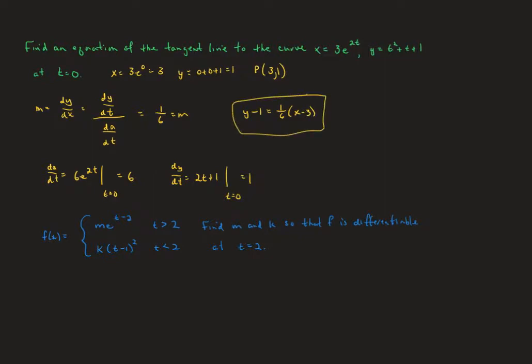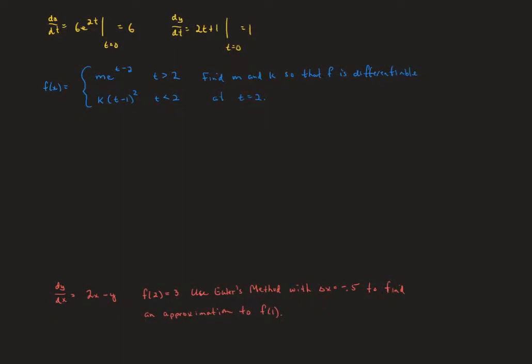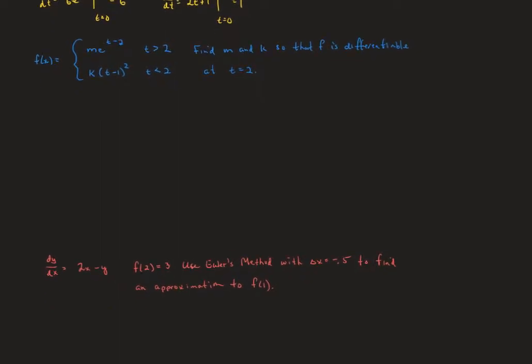Okie doke. Let's see what we can do with this next one. We want to find m and k so that f is differentiable at t equals 2. So to be differentiable, it has to be continuous. So we want to first make sure that it is continuous, and then we need the left-hand derivative to equal the right-hand derivative.